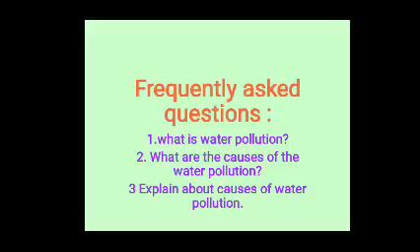Water pollution is the presence of unwanted substances in a water body which affects living and non-living things. A faulty drainage system is one of the main causes of water pollution. An improper drainage system leads to water pollution due to mixing of sewage with drinking water.